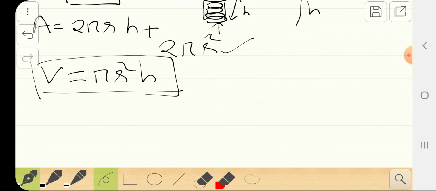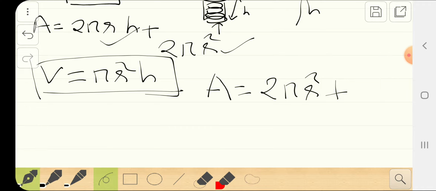I'm going to use that. So how can I introduce the equation of volume into the equation of area? So you can say it's 2 pi r square plus 2 pi r h, right? You have pi r square h, so you can write 2 v by r, right?